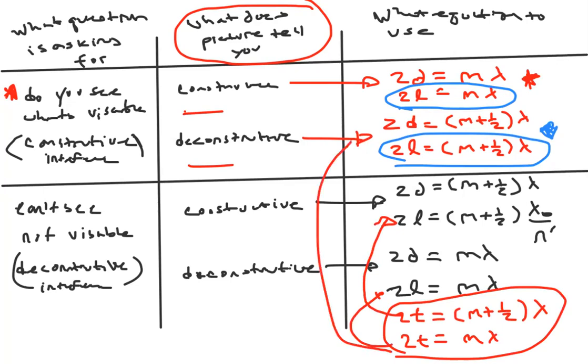Those, the D's and the L's, can also be written in terms of T's. Does that make sense? Because that's what he's asking you to do, and I don't want you to be confused. I want you to know that 2T, 2D, they're all referring to the same thing, okay?